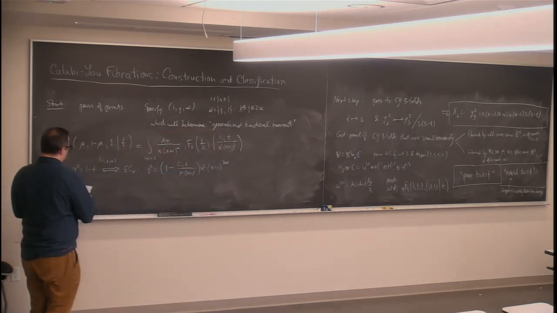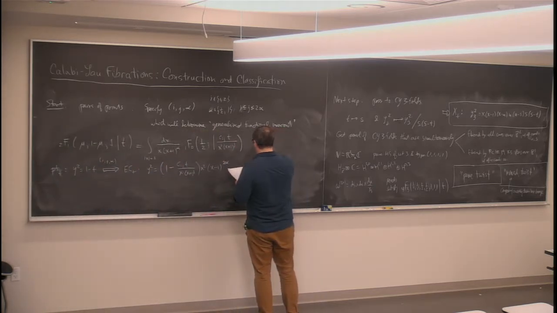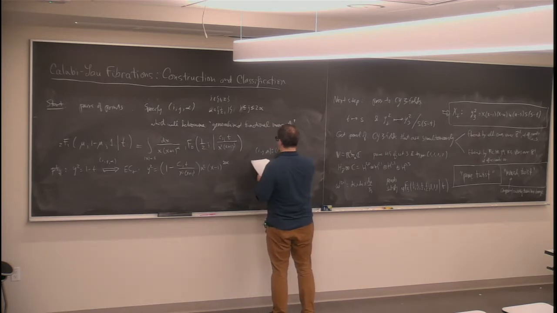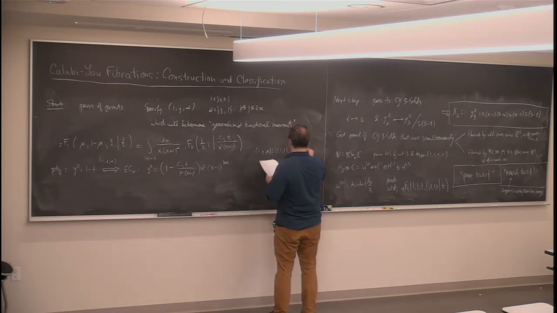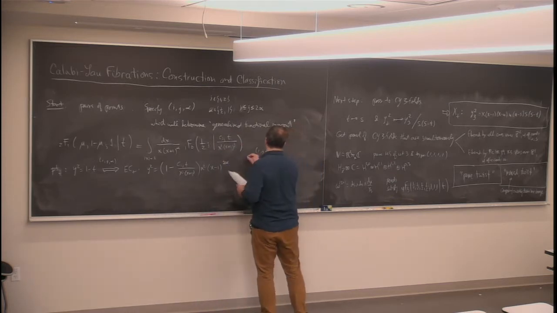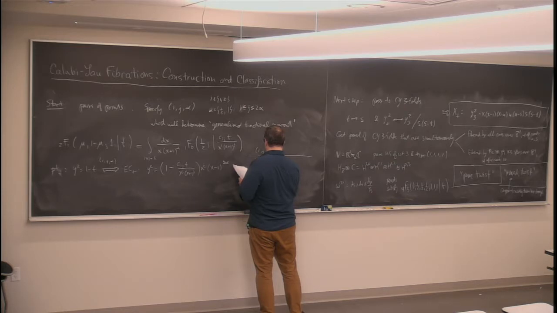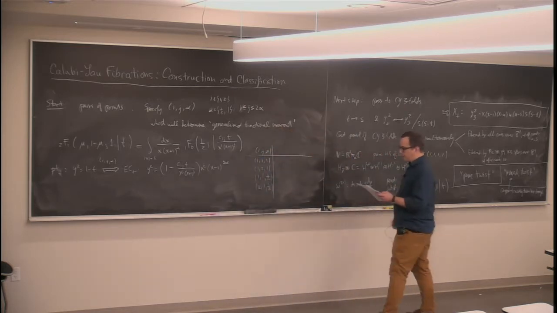And I have a little table here. The options for i, j, alpha are 1, 1, 1; 1, 2, 1; 1, 1, 1/2; and 2, 1, 1/2. Those are the possibilities.